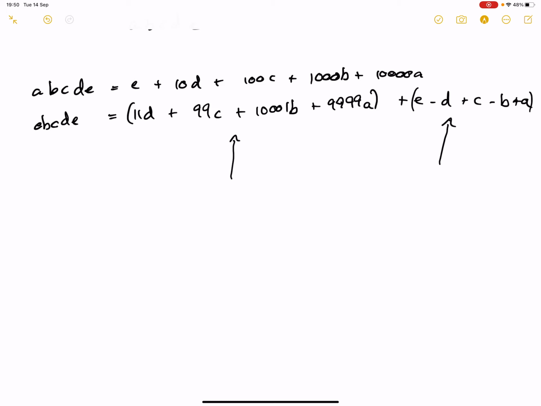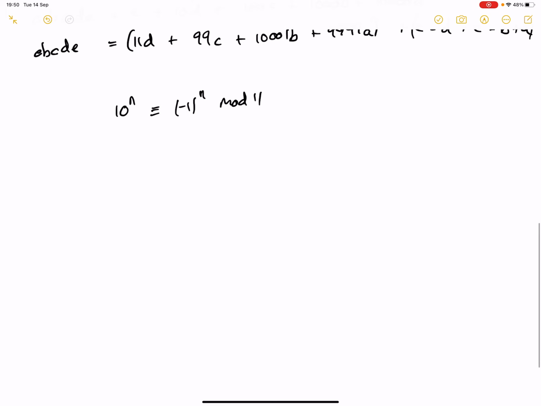Which means that we will be able to extricate this expression from it. So what we're going to do is prove by induction that 10 to the n is identical to minus 1 to the n mod 11. So that's what we're going to try and prove. So here's our aim.